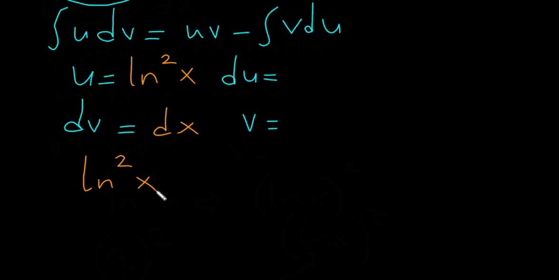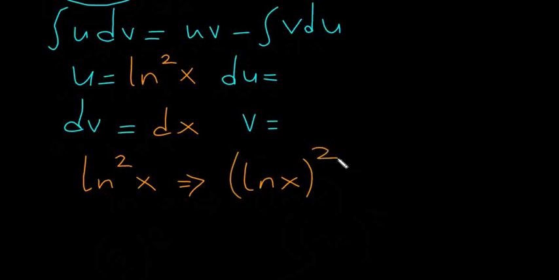The chain rule is used to find the derivative of functions that involve smaller functions inside larger functions. What do I mean by this? Smaller functions inside larger functions. Now for this case we have ln squared of x, which can simply be written as ln x, all squared.